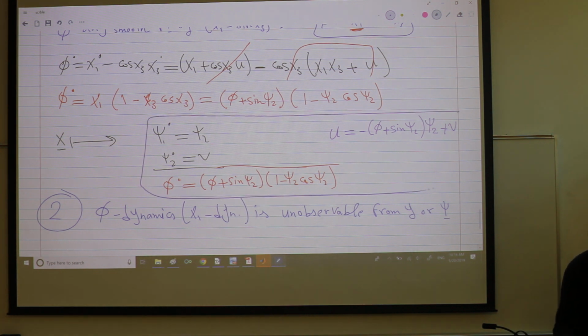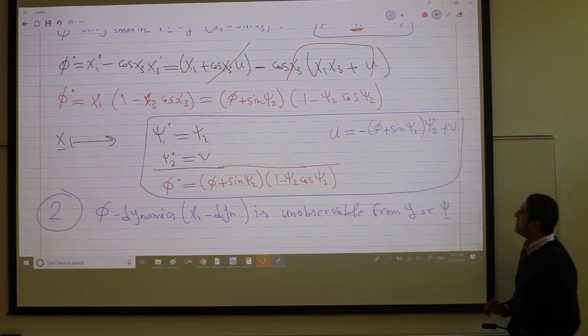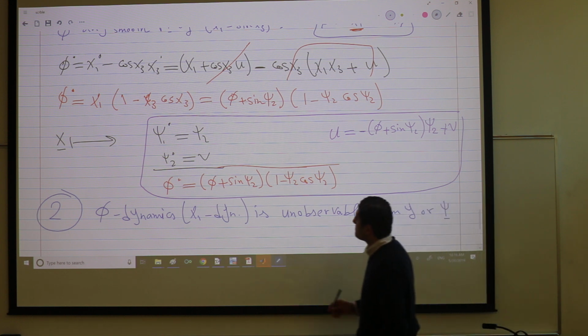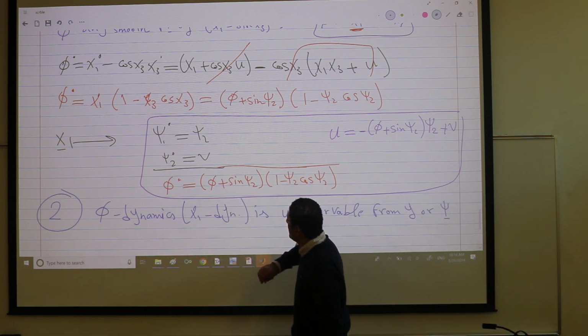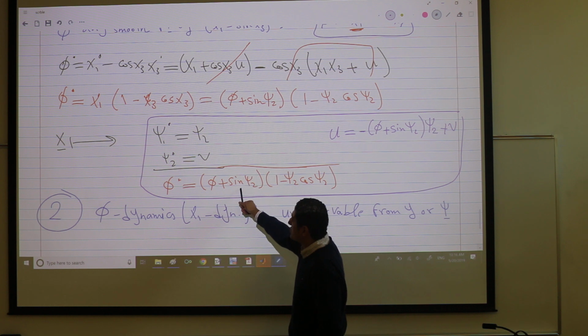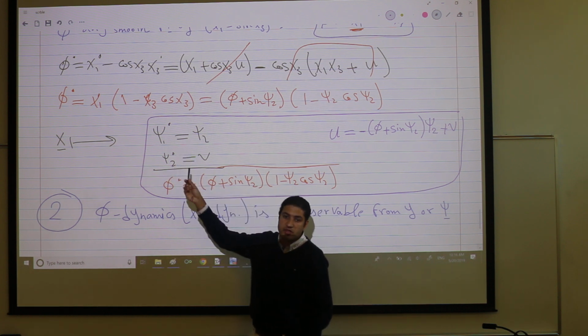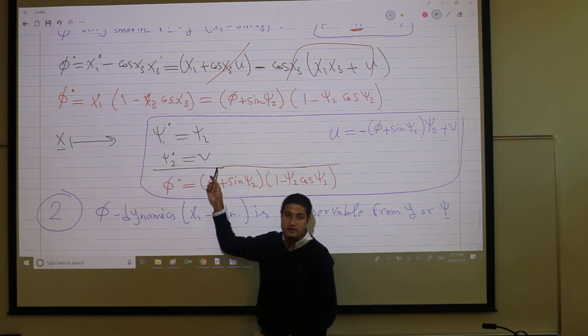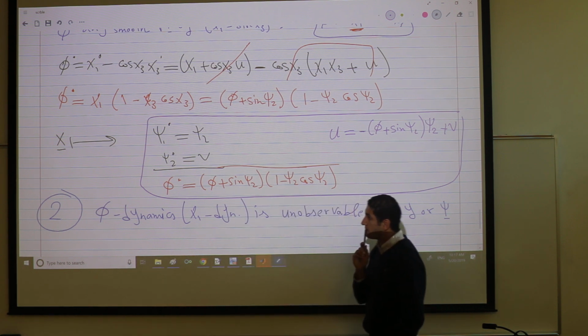So this gives you everything. Let's see here. The phi dynamics does not affect any of the psi's. So there is no phi here, right? There is no phi here.